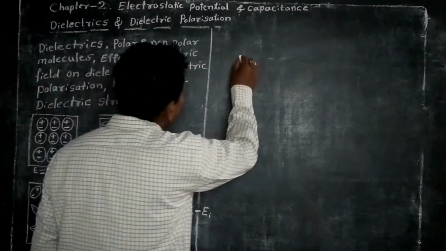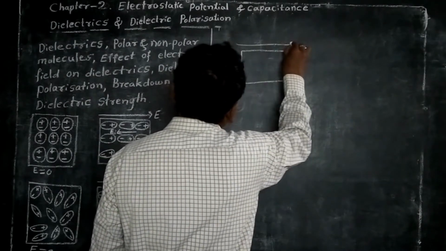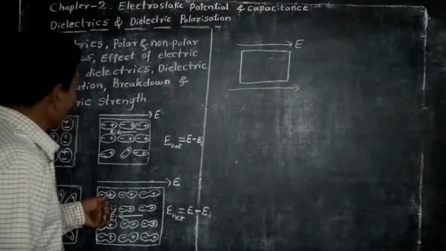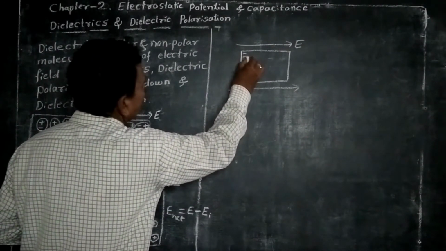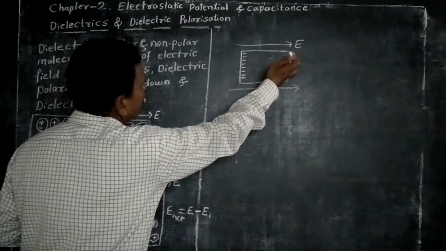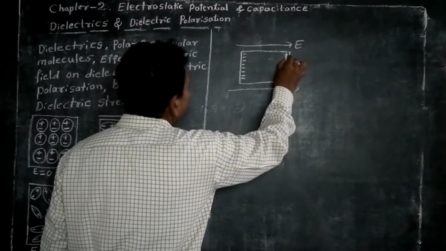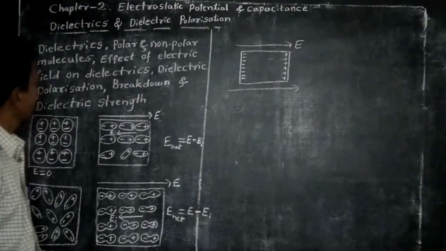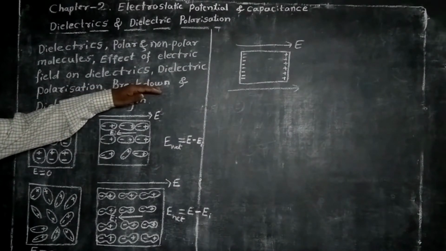And at a certain value of external electric field E, the negative charges detach from the molecule and they are induced on the side opposite to the external electric field, and positive charges are induced in the direction of the electric field, and this is called dielectric breakdown. This is called dielectric breakdown.